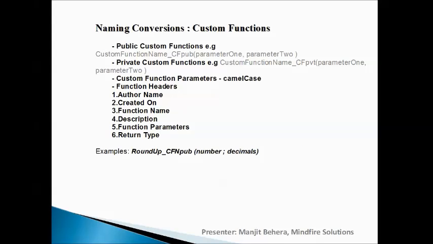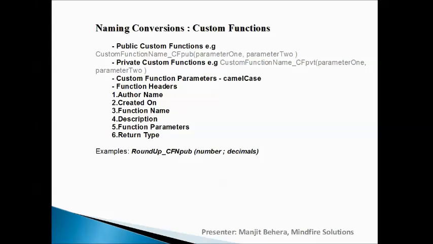Then the naming convention for the custom functions. There are two types of custom function we generally get in our FileMaker application: one is public custom function and the other is private custom function.